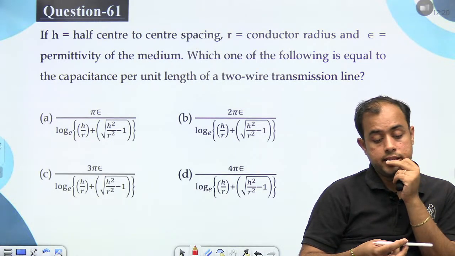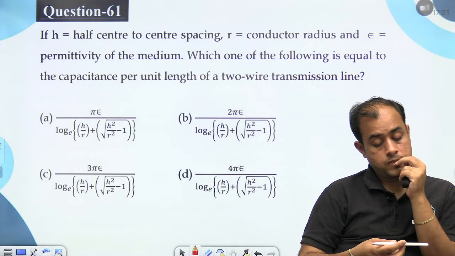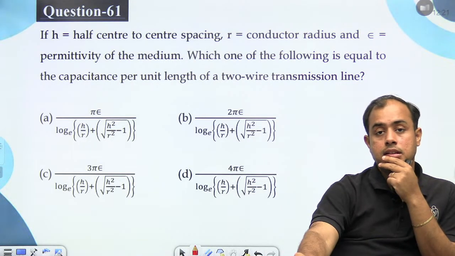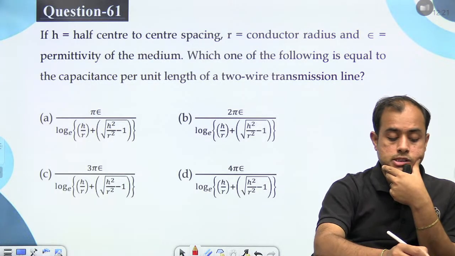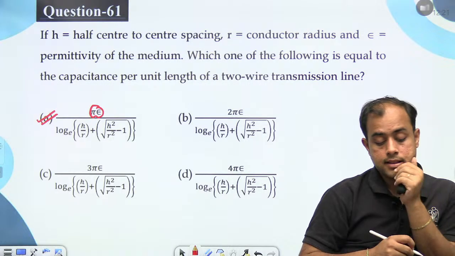Half center to center spacing. यार इसका कुछ समझ नहीं आ रहा, हाफ सेंटर टू सेंटर स्पेसिंग क्या है? वैसे तो अगर मैं डायरेक्टली बोलूं तो मैं ए बोल सकता हूं क्योंकि लाइन टू लाइन कैपेसिटेंस में पाई एप्सिलॉन आना चाहिए.